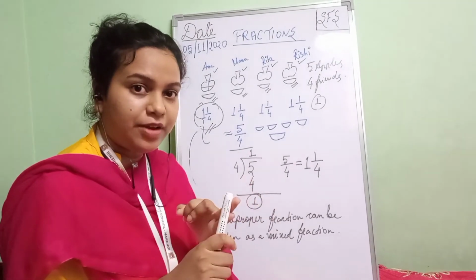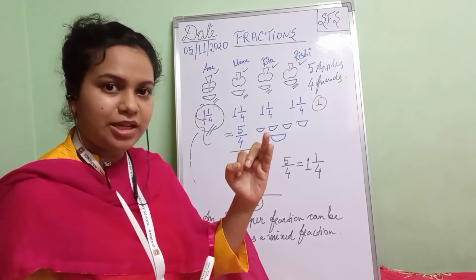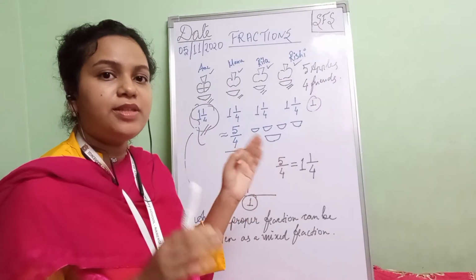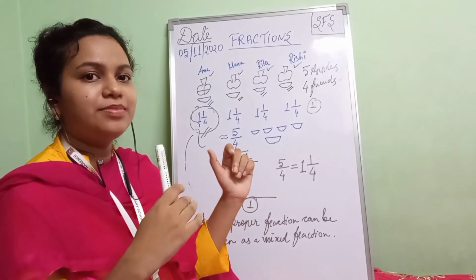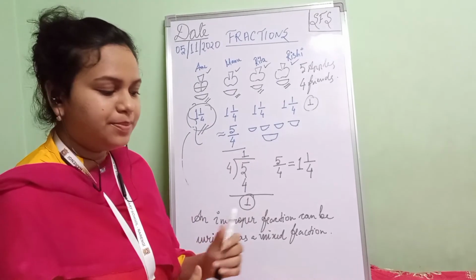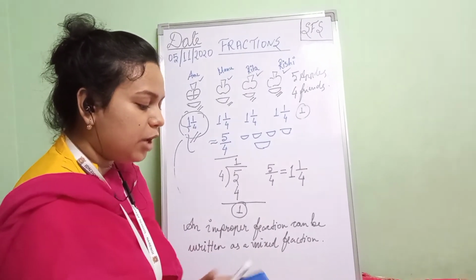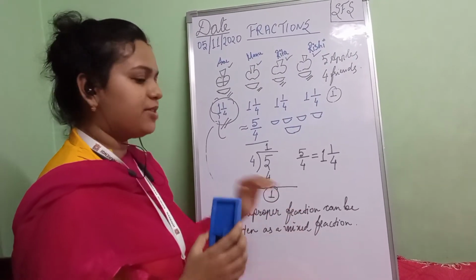In an improper fraction, the numerator is always greater than the denominator. And what is a mixed fraction? A mixed fraction is a fraction that has one whole number plus a proper fraction. Okay? Now we can always write improper fractions as a mixed fraction.